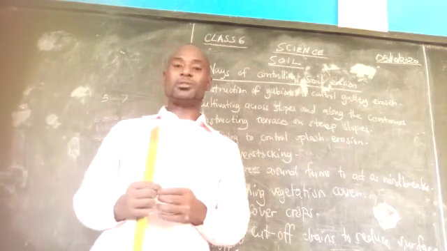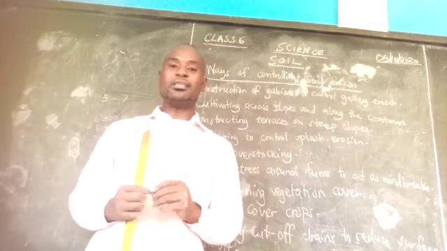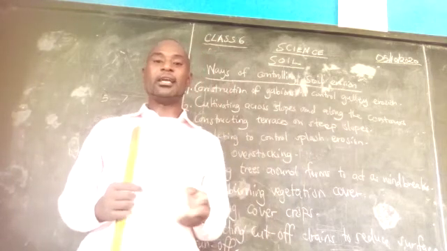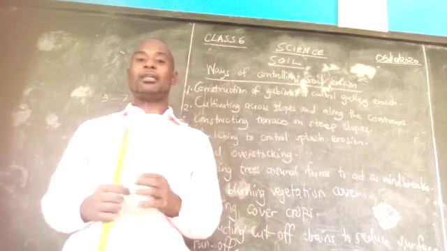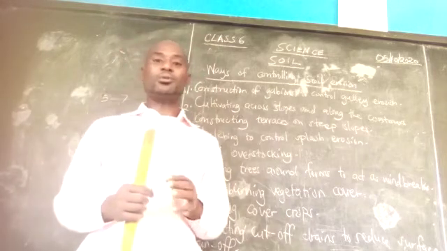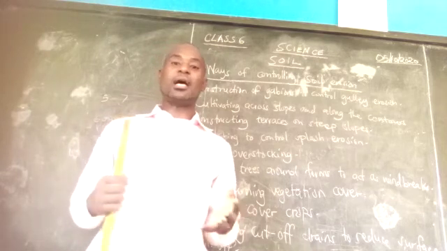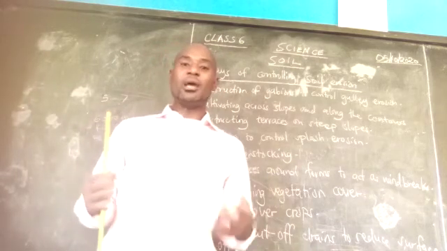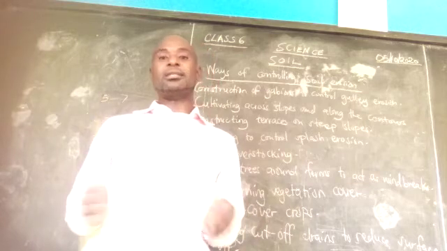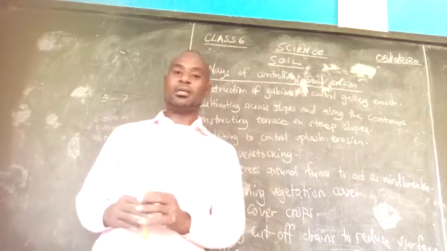Remember, we said that soil erosion is the removal, the carrying away of top fertile soil to another place. So we want to look at how we can avoid these different types of soil erosion.